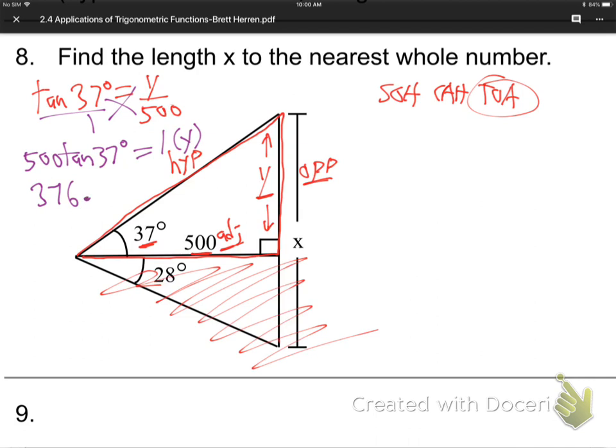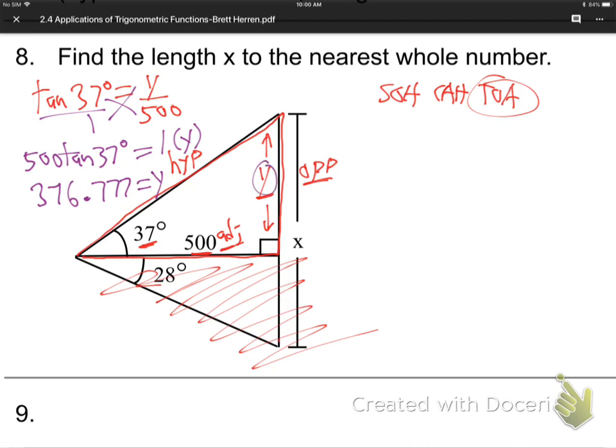Let me give you this hint. I'm still in the middle of the problem, right? I'm not done yet. So use a lot of decimal places while you're still in the middle, until you get to the end. So I'm going to use like three 7s for Y: 376.777. So that's Y, that's that length.